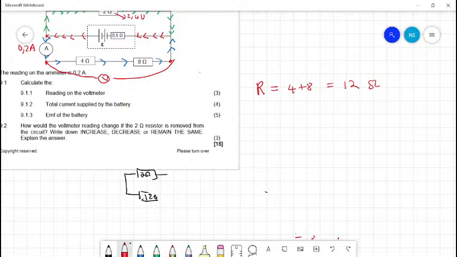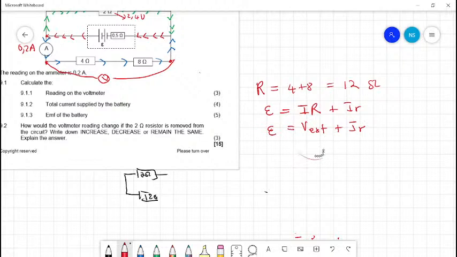Now they're asking about the voltmeter reading. The voltmeter reading is the V external. So you're going to use this formula to answer this question: E equals V external plus I r, where r is the small letter r, the internal resistance.